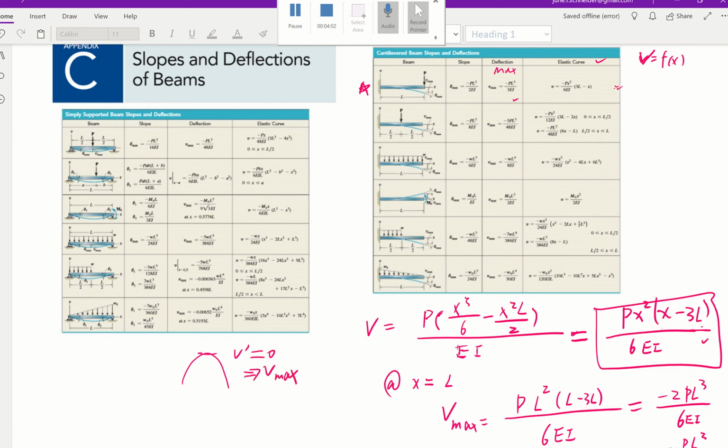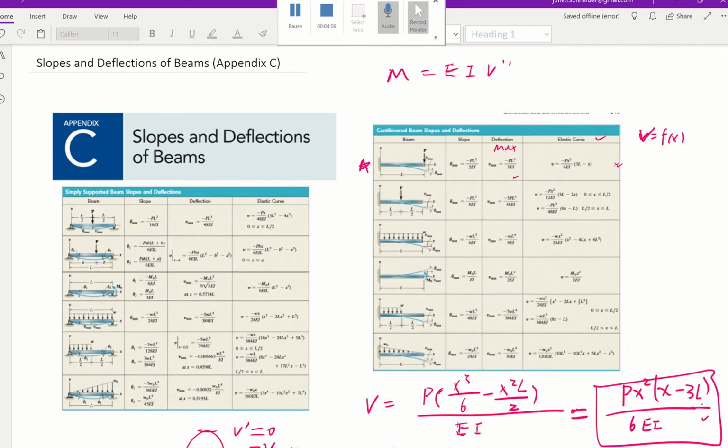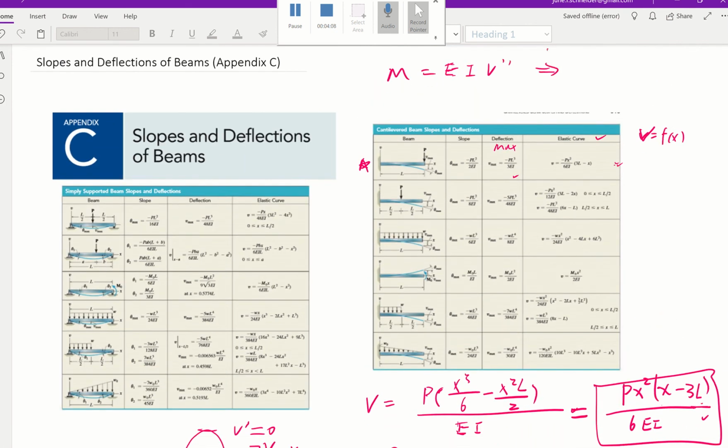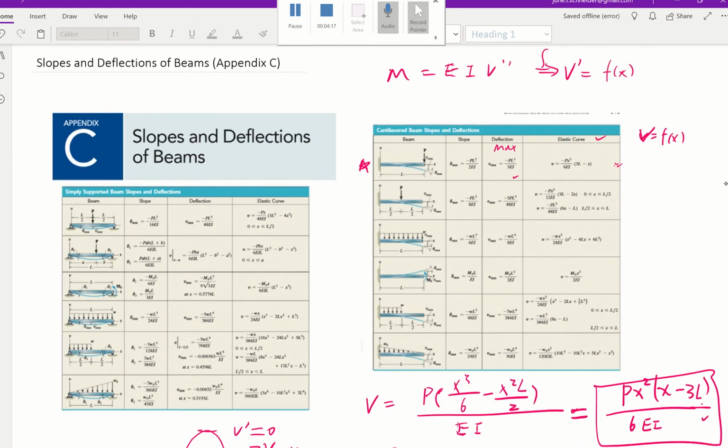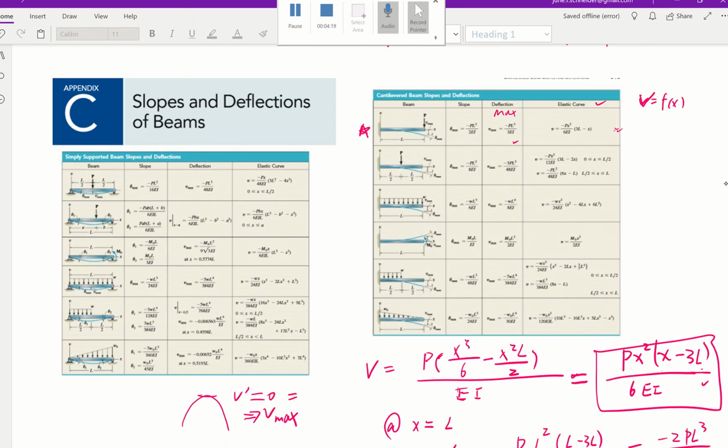Knowing that principle, remember when you integrate the first time, you will get the v prime expression, right? You set that v prime equal to 0, then you will find x equal to some certain value.